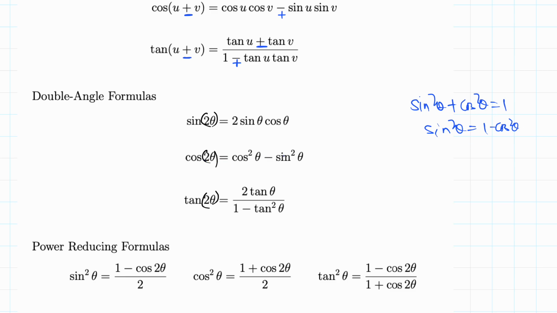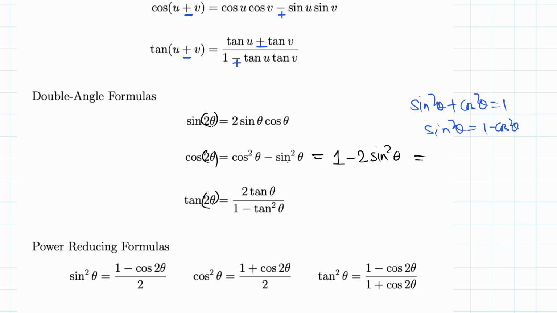So cosine 2 theta has 2 more forms. Let me write down. If I write cosine squared equals 1 minus sine squared, subtracting sine squared from both sides, it's going to be 1 minus 2 sine squared theta.